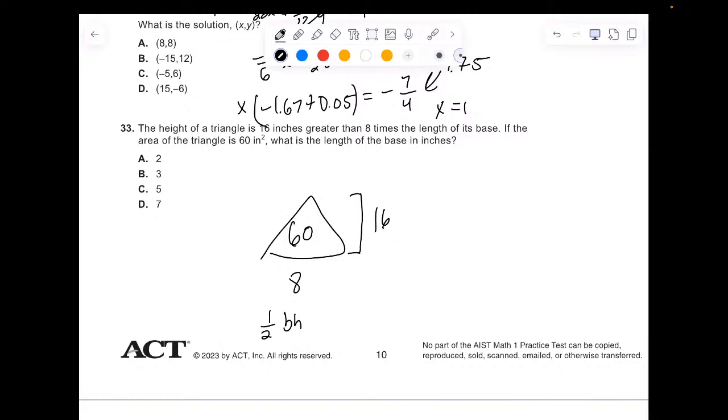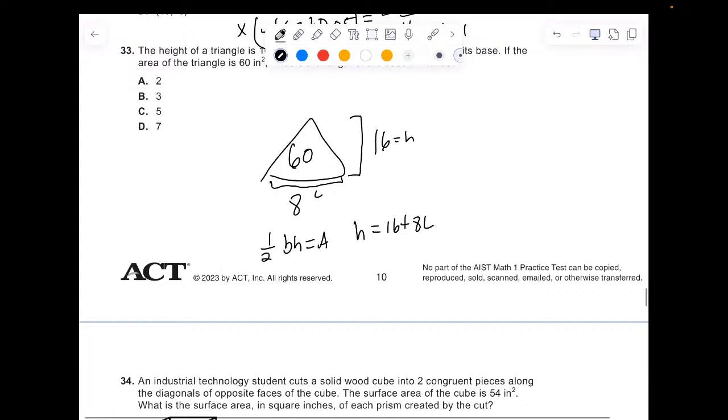Let's see. This area. We also know that the height is equal to 16 plus 8L, H. Okay. Let's just use some substitution.